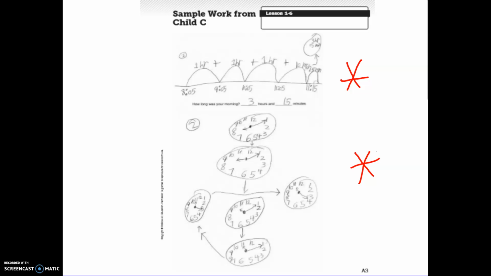So this person must have had their little clock out, and every time they jumped an hour or hopped an hour, they showed it and drew a picture of it. That would have been a way to show it also. So you could use a number line, or you could draw it out by using the clocks. Either way would have been fine, because we know that there's more than one way to solve a problem.